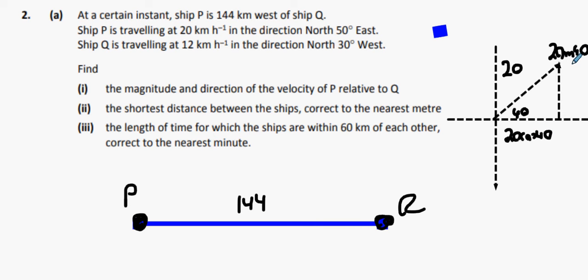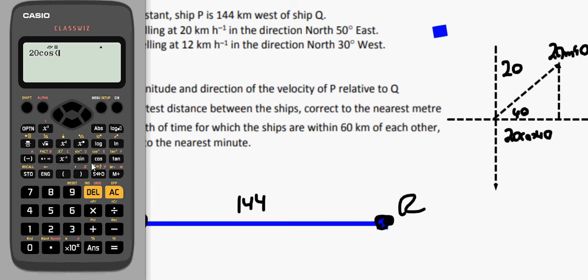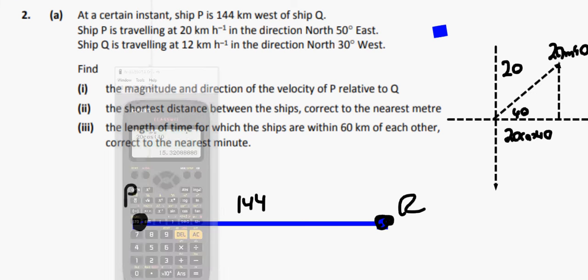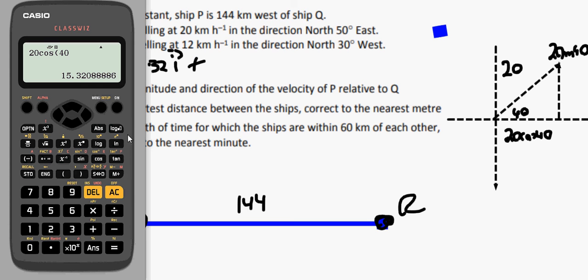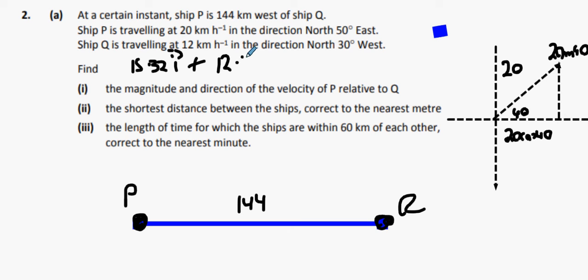Okay, and 20 cos 40 is 15.32, so 15.32i plus 20 sine 40, 12.856j. Happy days, right? And that's the velocity of P.